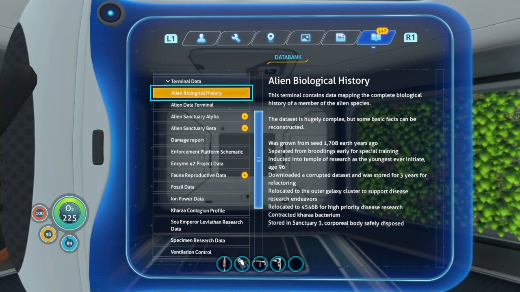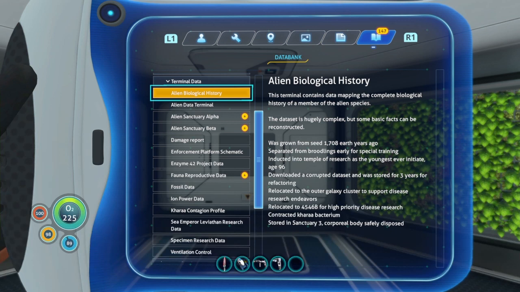This terminal contains data mapping the complete biological history of a member of the alien species. The dataset is hugely complex, but some basic facts can be reconstructed.